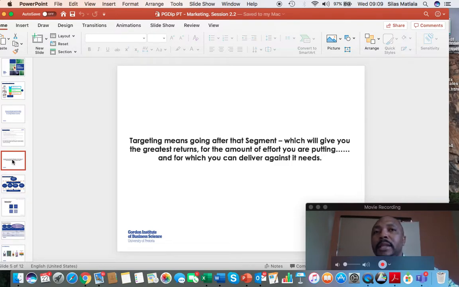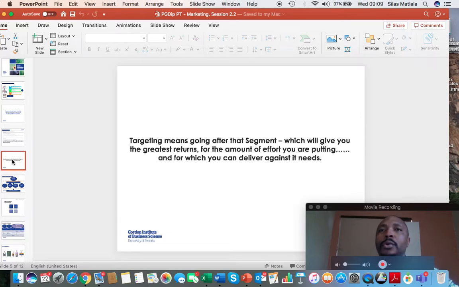And the important thing about targeting is it also helps in terms of refining and targeting your marketing efforts, because the first stage is segmentation. And if you've got 5 segments, you may say, I've got 5 segments that I know, but I'm only going to target 3 segments.